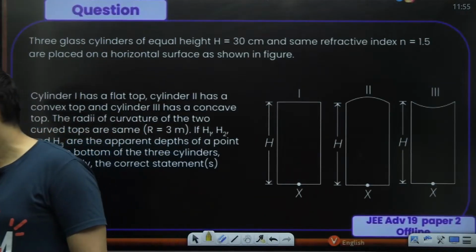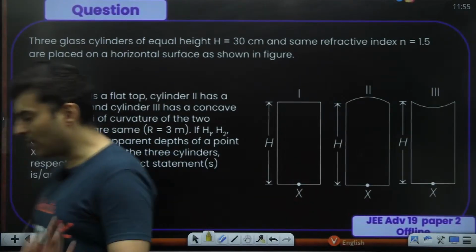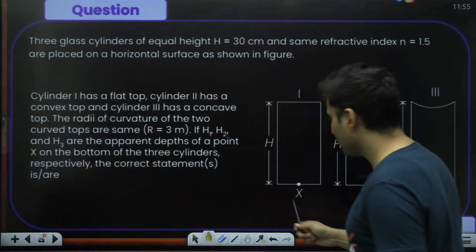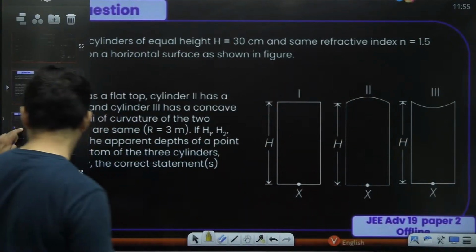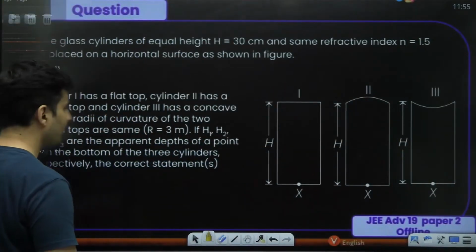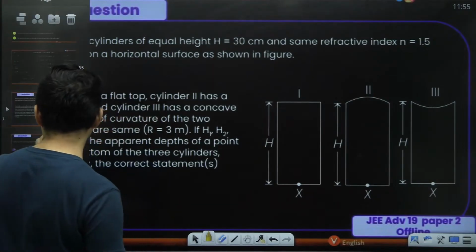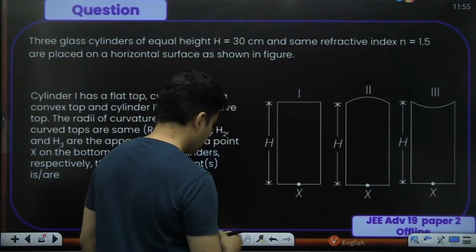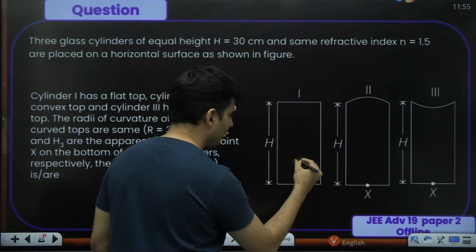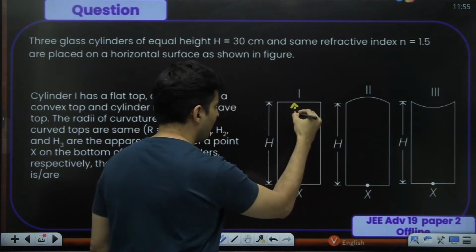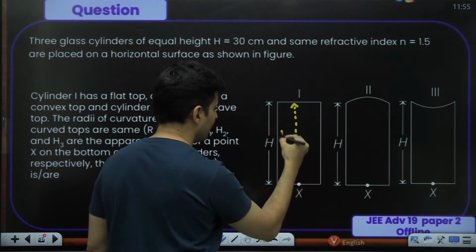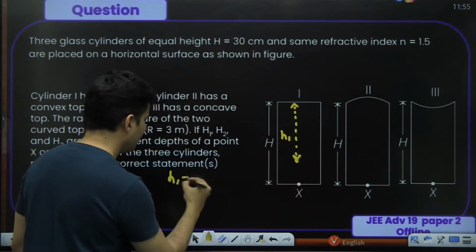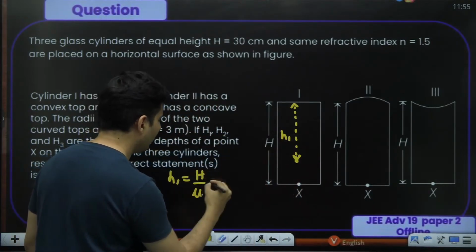See guys, first part is very simple. Let me just create a duplicate. This is your normal flat surface. So this point X will come over here. So the apparent depth in the first case, H1, will be the original height divided by mu.